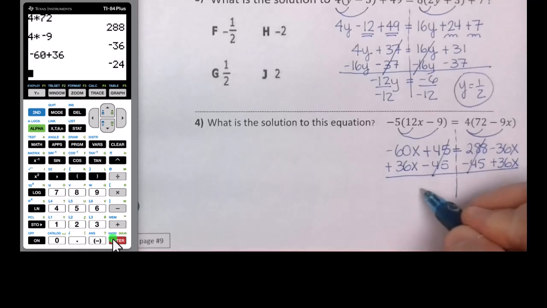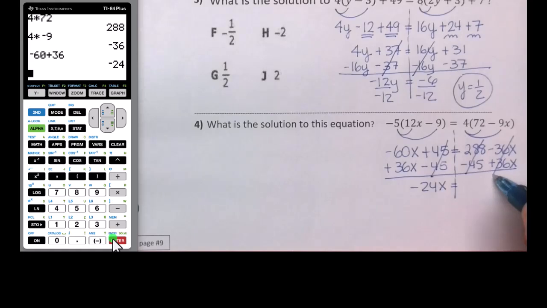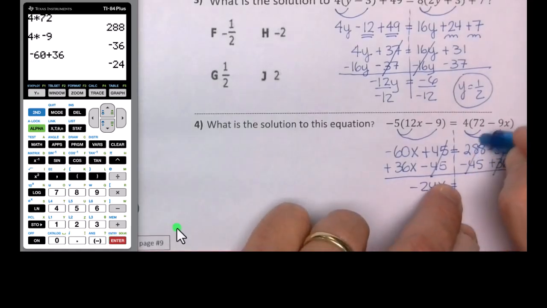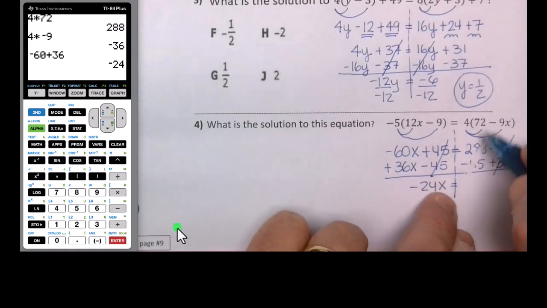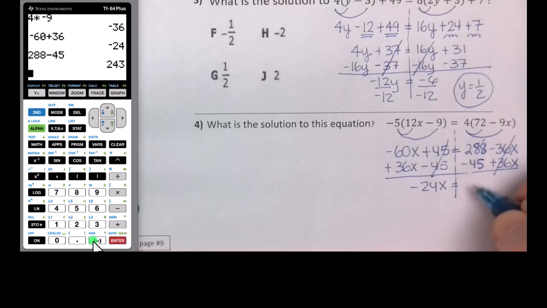We get negative 24x. Sorry, this doesn't cancel. This is 288 minus 45. So 288 minus 45 is 243.